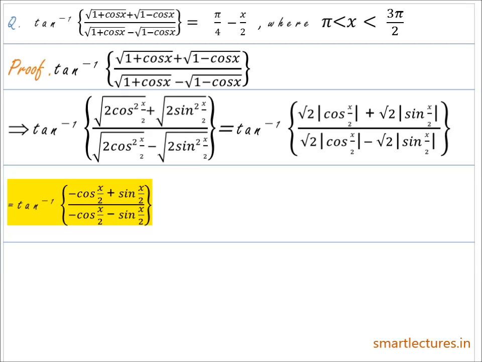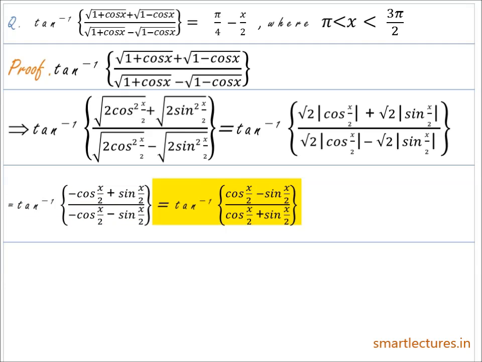And here square root 2 is common in numerator and denominator, so we strike that out. So this expression further simplifies to tan inverse of (cos half x minus sine half x) divided by (cos half x plus sine half x).